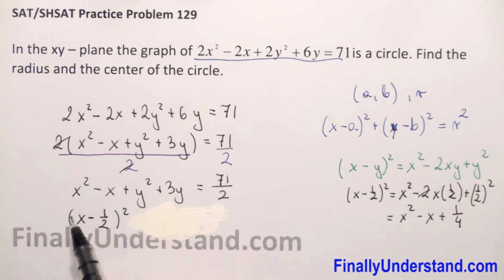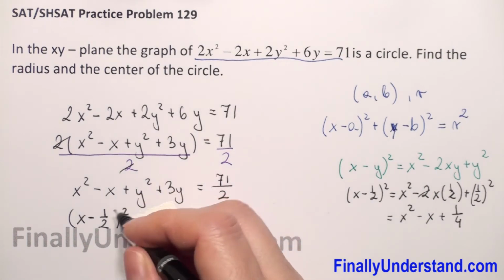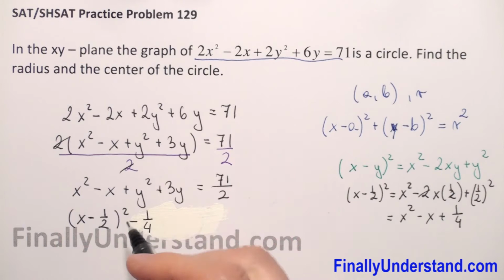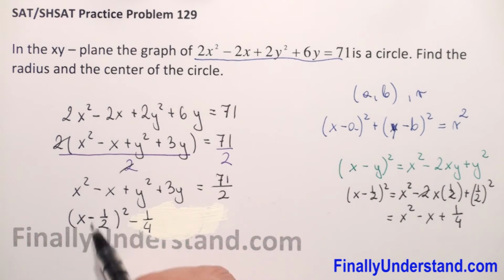In our equation, we have x squared, everything is okay, negative x, but we don't have plus 1 over 4. So what will we do now? We subtract 1 over 4 from this expression. When we subtract 1 over 4, this 1 over 4 cancels with the one from the square, and we have only x squared minus x.